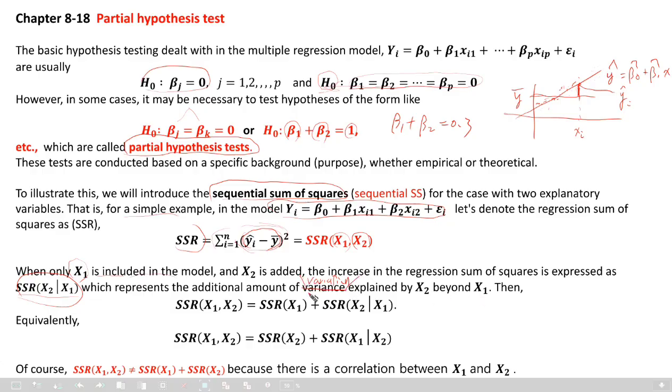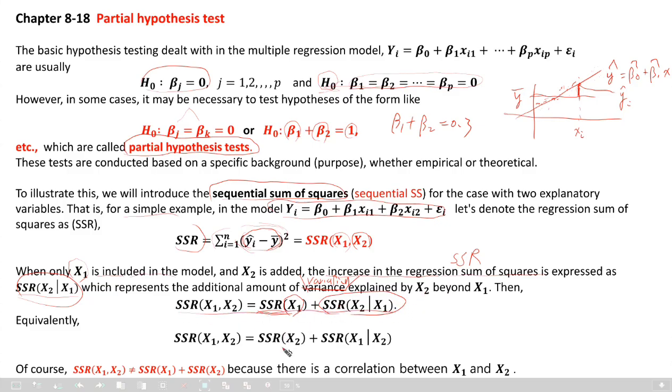This is explained variation. Then SSR x1 x2 is: with x1 in the model we get SSR x1, and next SSR x2 given x1, the increase in the regression sum of squares when x1 is included in the model and next x2 is added. It is reasonable, right? You understand that?